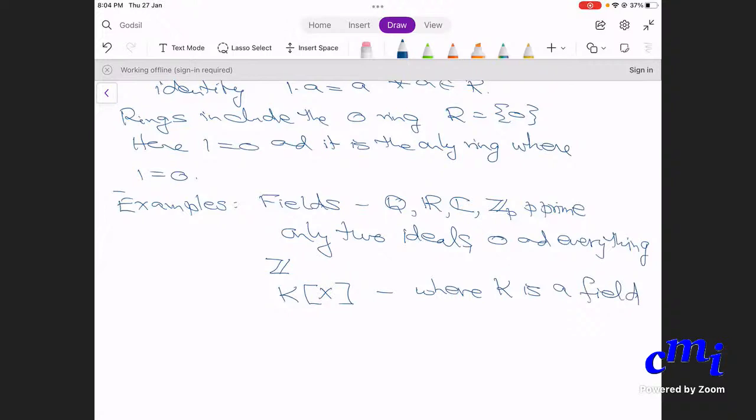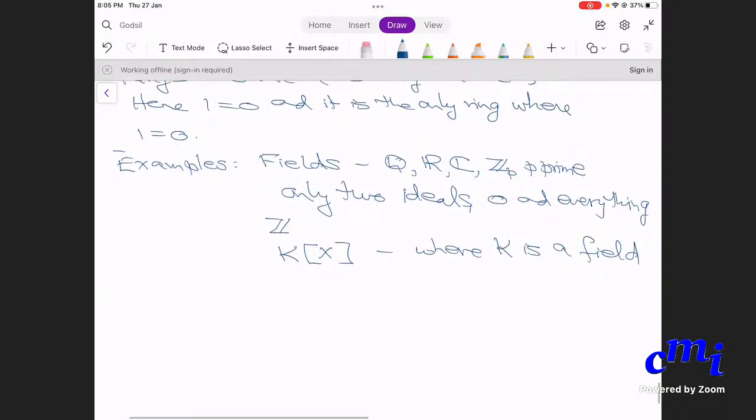We can consider polynomial rings in many variables, so K[x1, ..., xn], where K is a field. K need not be a field also, but let's restrict ourselves to the case of polynomial rings over a field in one variable or in several variables. So these are examples which arise in algebraic geometry.